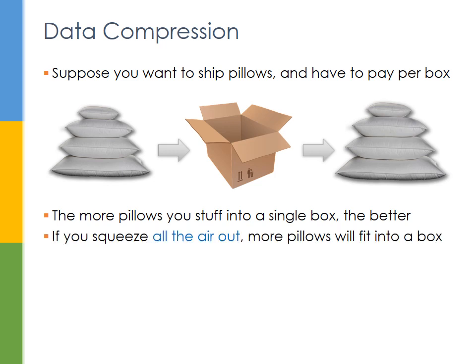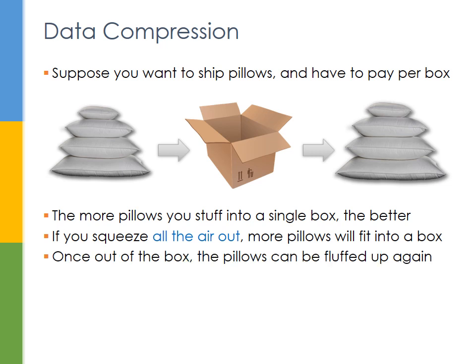us. So if we can squeeze all of the air out of our pillows, then we can fit more pillows into a single box, meaning that overall we have to use fewer boxes, which means we have to pay less money. So once we then have our pillows arrive at our destination, we can then remove them from our box, fluff them up again, and then they will be in the same state that they were in before we sent them.